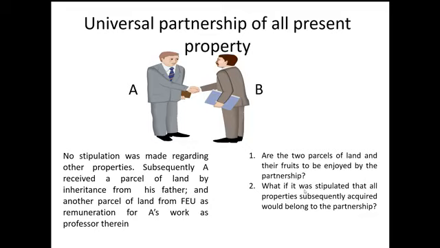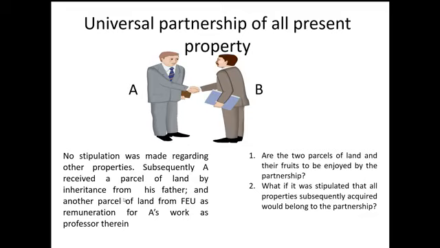Number 2, what if it was stipulated that all property subsequently acquired would belong to the partnership? Okay, kasama na ba? Yung first item, yung unang land na galing sa inheritance, excluded. Pero yung fruits, kasama. Pangalawa, yung land coming from FEU, included. Pero yung fruits, included pa rin. Kasi ang excluded lang dito ay yung parcel of land coming from inheritance.